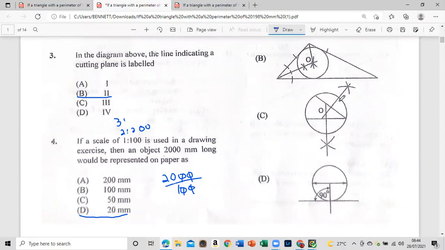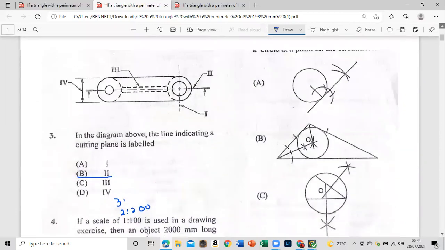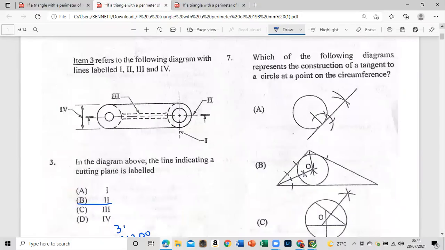No tangent here either. So it's between A and B. So let's go back up to A and B. And it's the tangent here. Based on the construction lines, you can see that it is A. Let's move on to number 8.